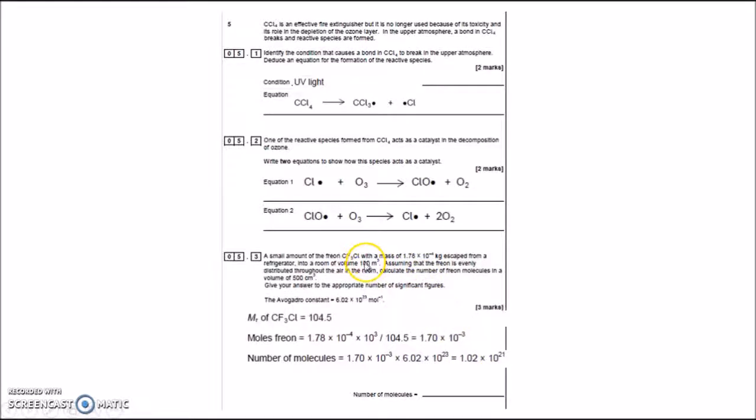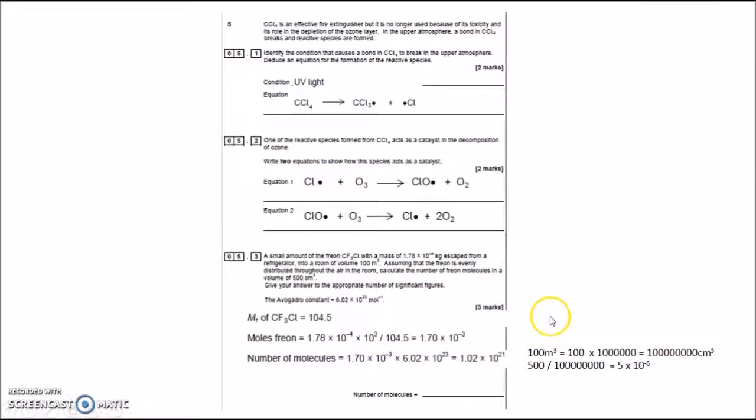Now, that escapes into 100 meters cubed. I want to know, if I've got that number of particles in 100 meters cubed, and I took a sample of it, 500 centimeters cubed, how many particles would I have? Well, I need to do another little bit of maths, and I'm just going to do this to the side. 100 meters cubed. Well, a meter is 100 centimeters.